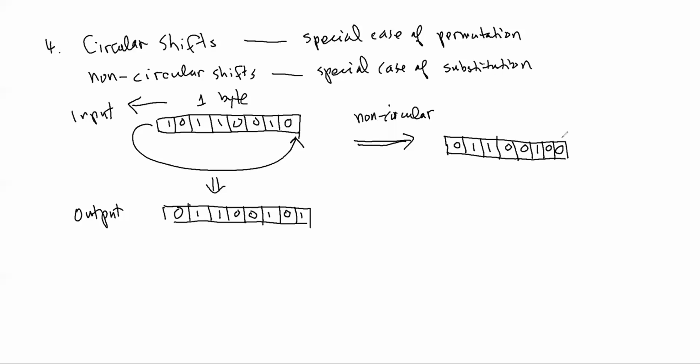So the last operation that we would like to use is the arithmetic operations, all 4 of them: addition, subtraction, multiplication, and division on finite fields.